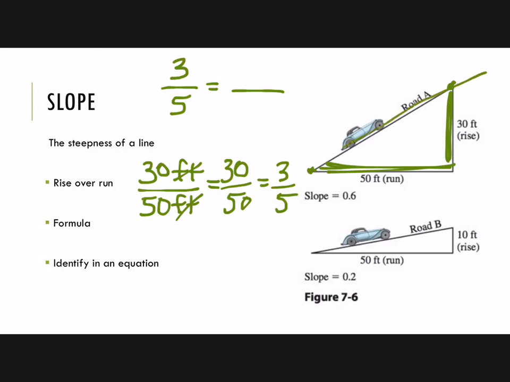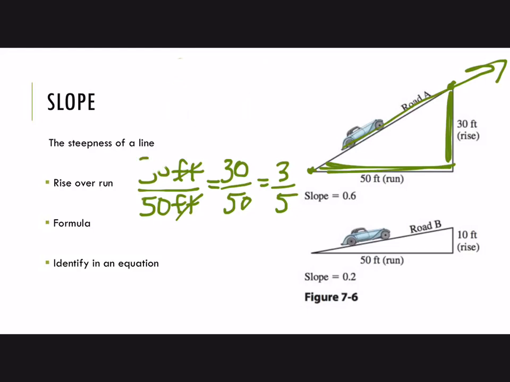So assuming this car continues to travel on at that same rate, then I could, for example, find how many feet it would change elevation, or the rise, if the car went 100 feet horizontally. So that's one use for slope.